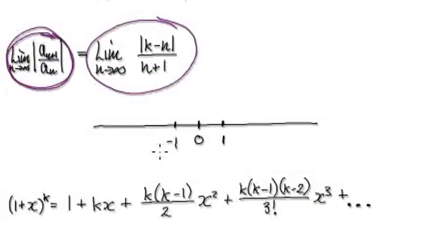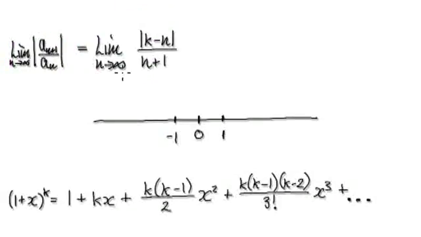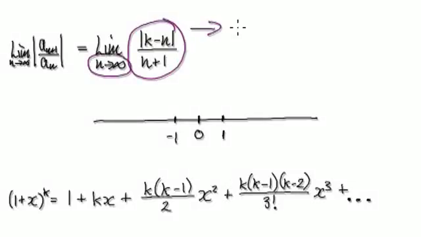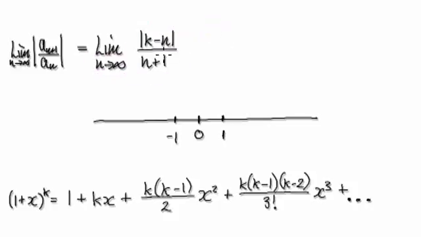Now, hang on. Don't forget, as n tends to infinity, yes, this whole thing here heads towards 1. But because we don't have this x anymore, because x equals 1, we don't have this modulus of x anymore.